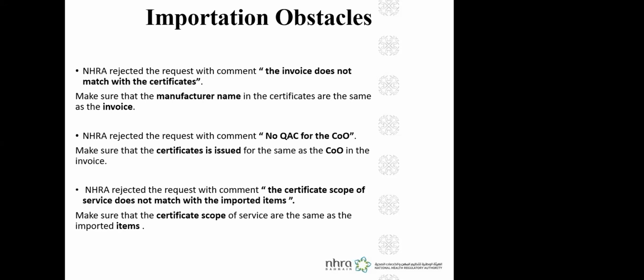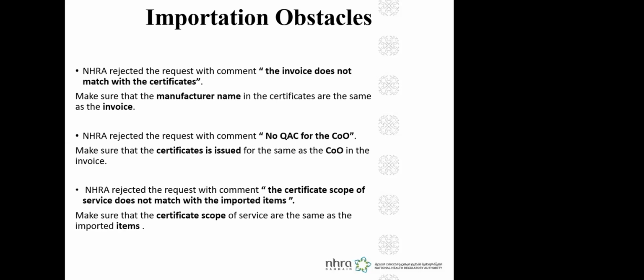In some cases, we also reject the request with the comment that the certificate scope of service does not match the imported item. For example, if you are importing catheters, you have to make sure that the scope of service on your certificate mentions that it covers catheters.